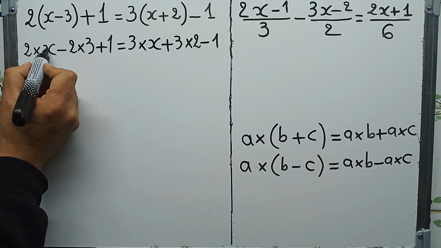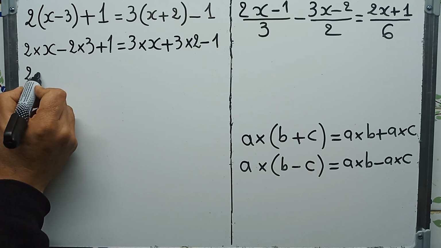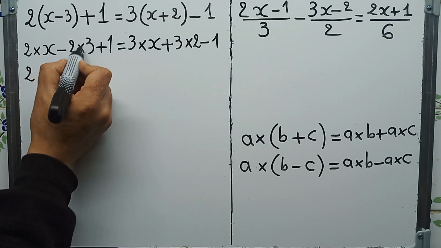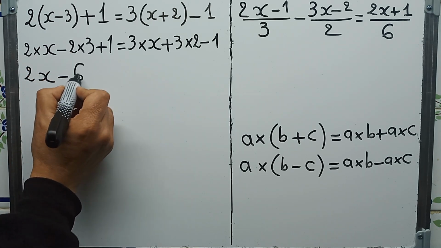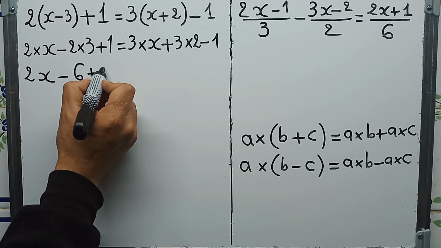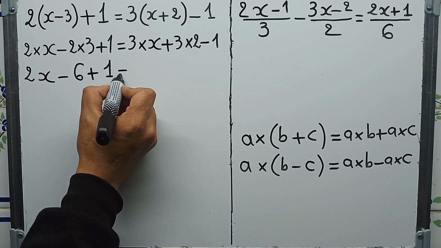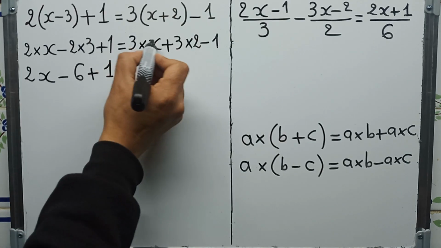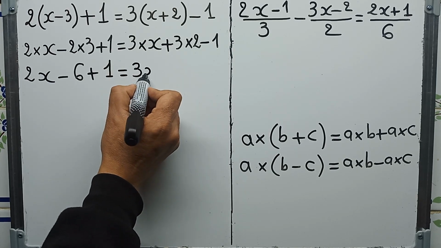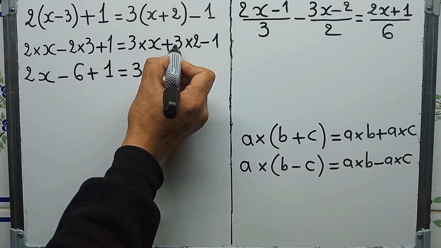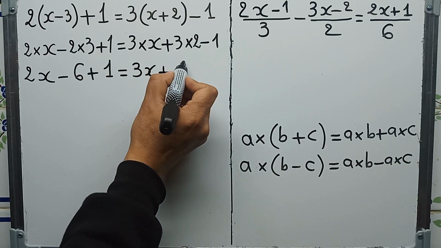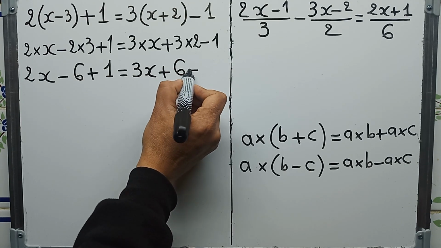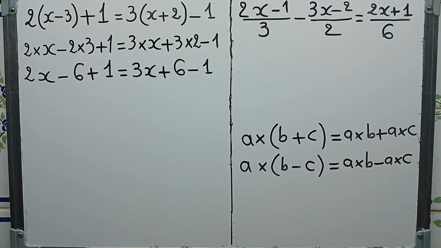We continue. 2 times x is 2x, minus 2 times 3 is 6, plus 1 equals 3 times x, 3x, plus 3 times 2, 6, and minus 1.